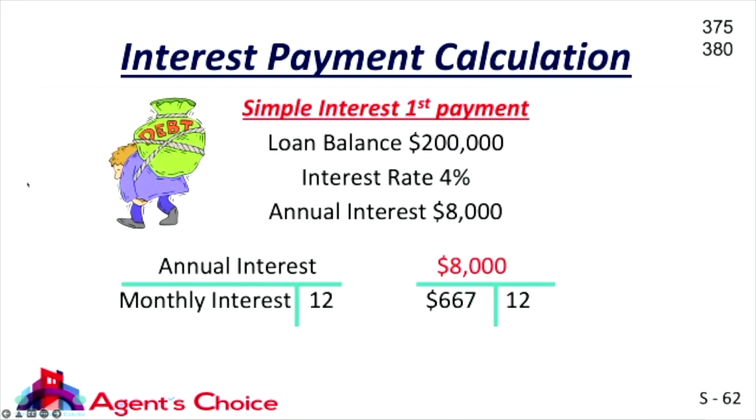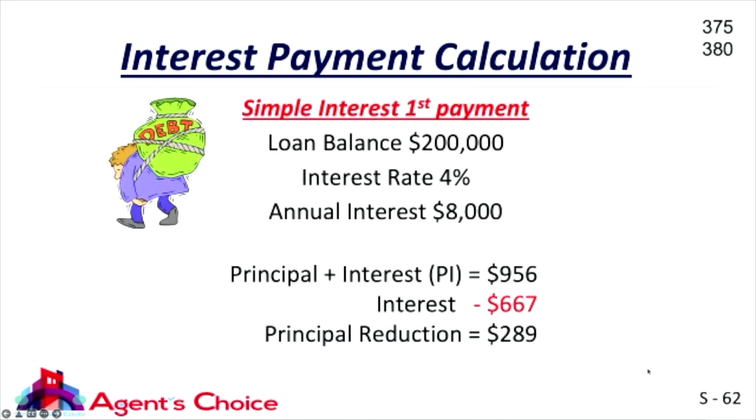That's how much profit the lender is making. We had already figured out our principal and interest payment of $956. We subtract the $667. That means our $200,000 loan balance is decreasing by $289 in the first month.